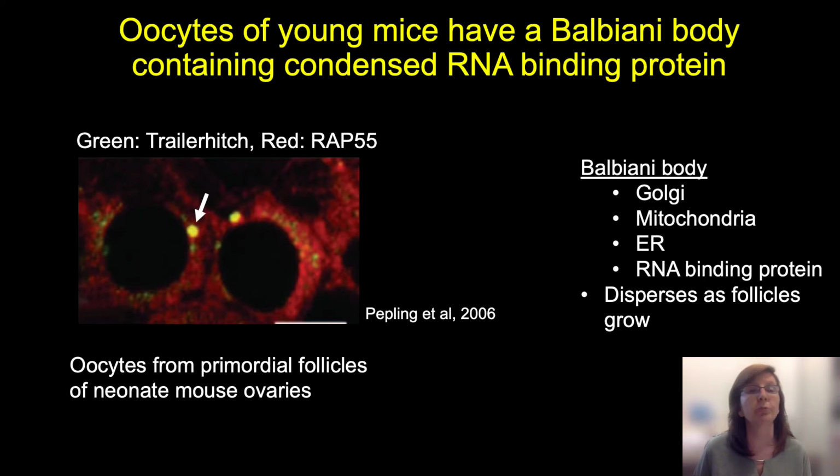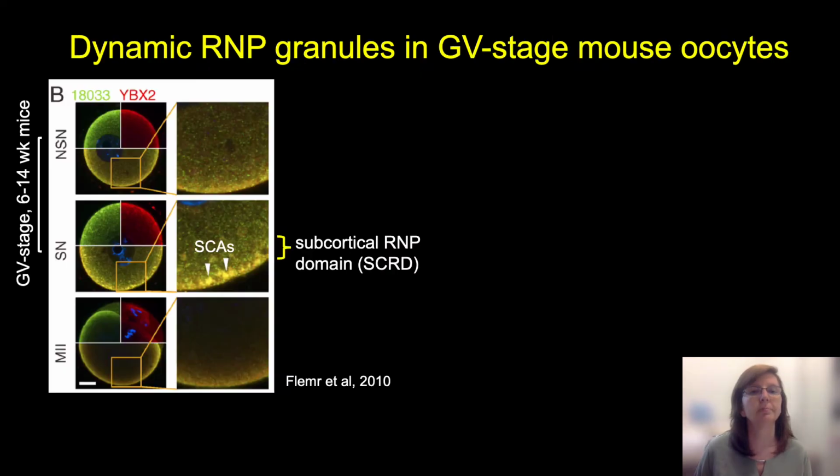It co-localizes with the human homologue of this RNA binding protein, RAP55, which is in red. So we see these bright yellow granules indicated by the arrow. The Balbiani body also contains Golgi, mitochondria, endoplasmic reticulum, other RNA binding proteins, but it's a transient structure, and in the mouse it disperses as follicles grow.